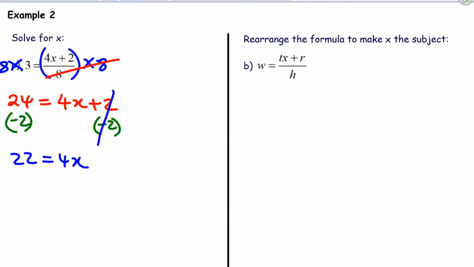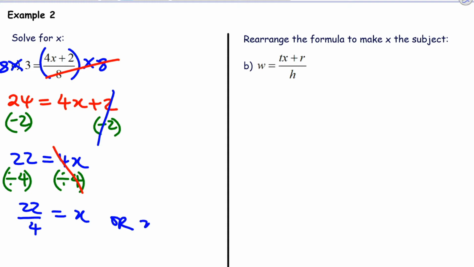Now the opposite of multiplying by 4 is dividing by 4, and we have to perform the same operation on each side. 4 divided by 4 is 1. So basically x will be equal to 22 over 4. Or we can simplify that to 11 over 2.